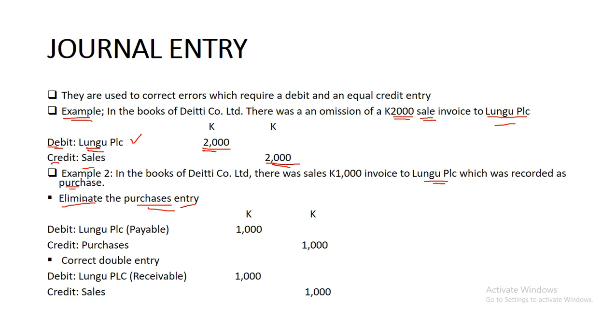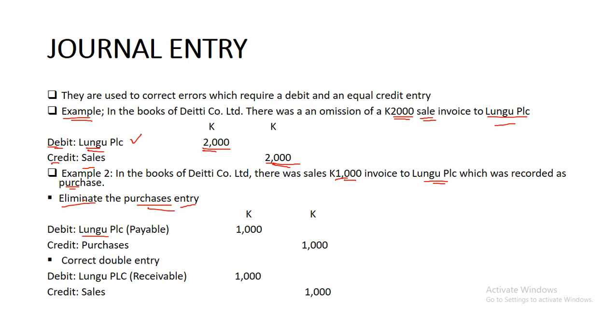So we just record the opposite. In other words, the sale was recorded in the purchases day book and the payables account, rather the purchases account and the payables account. So we need to correct the error. That's the first thing. We need to remove this purchase because it doesn't exist.